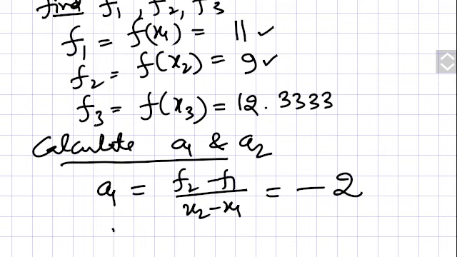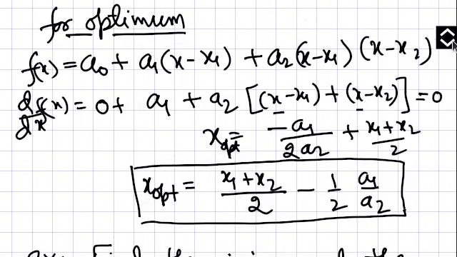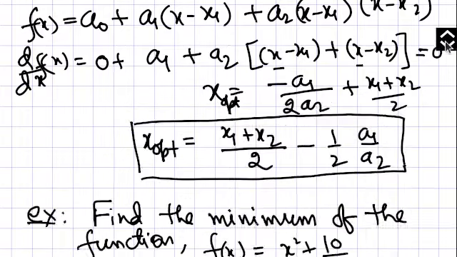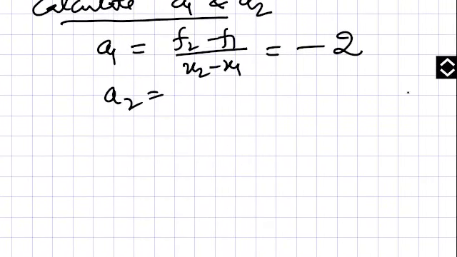The same way you can find a2 with the help of this formula, in which you put f1, f3 and all these values. When you calculate it, you will find it to be 0.6667. So it is very easy to find with the help of the formula.